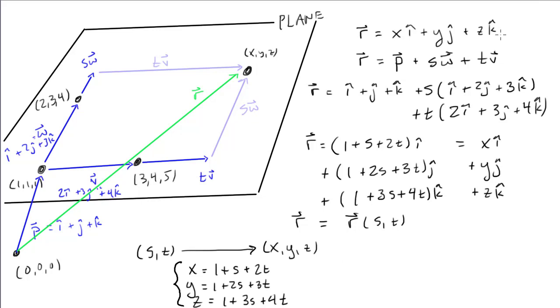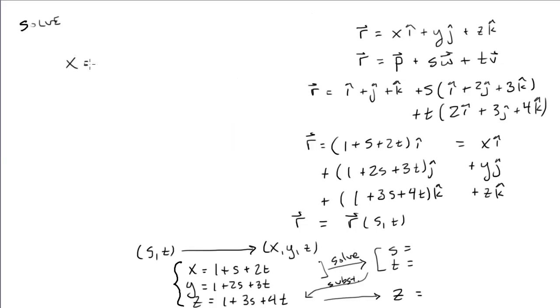To get the equation form, I need to solve for the parameters. Since there's two parameters, I need two equations. Once I solve, I'll substitute in the remaining equation. And now it's just algebra. Solving a pair of linear equations. I'll get rid of the t first. So I'll multiply the top by 3, the bottom by 2, subtract.